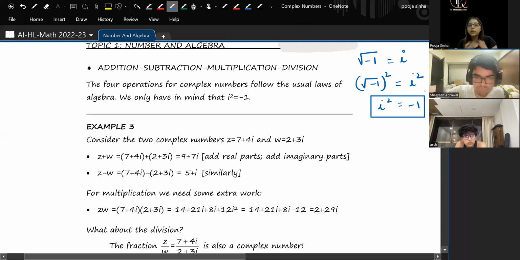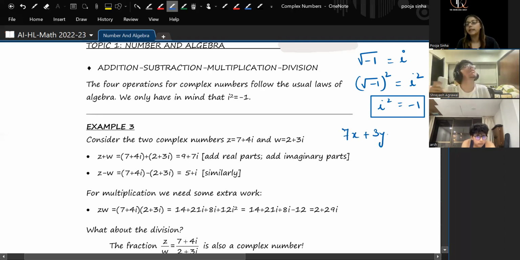Now we'll learn how to add these complex numbers. Adding is very simple, exactly like what you do with variables. You add the like terms only, right? So if I have 7x plus 3y, can I add them?